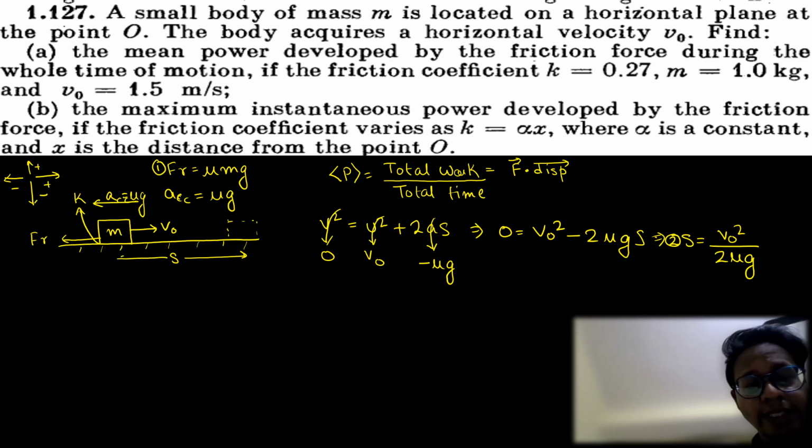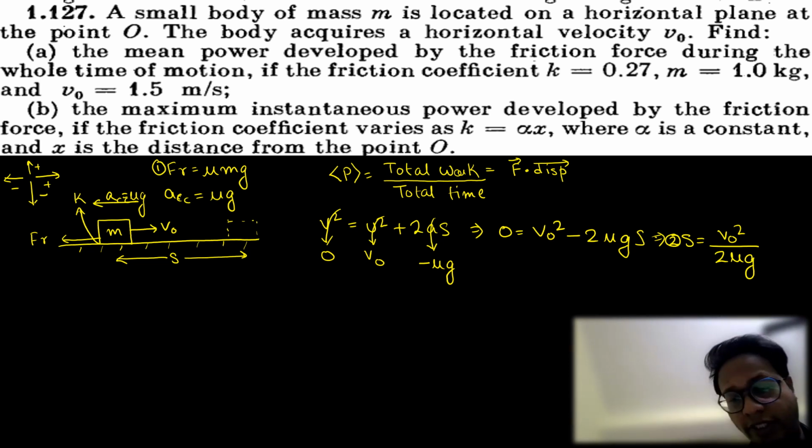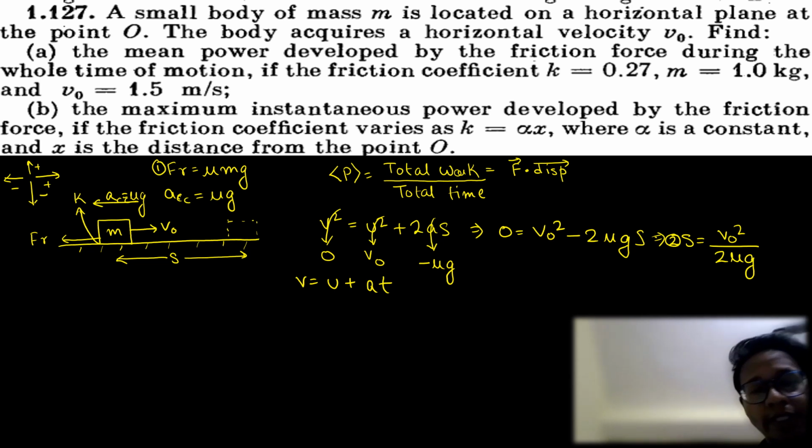See, in this entire journey, if the acceleration is constant, can I apply the three laws of kinematics where acceleration is constant? v is equal to u plus at, s is equal to ut plus half at square, and v square is equal to u square plus 2as. The final velocity out here is 0.